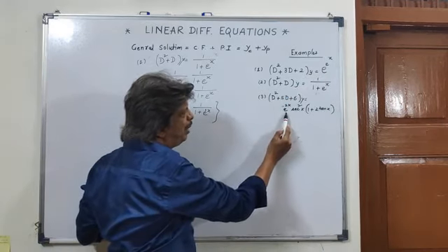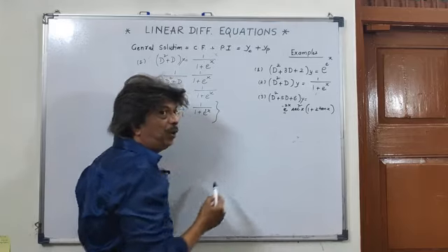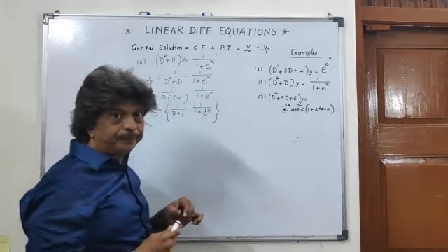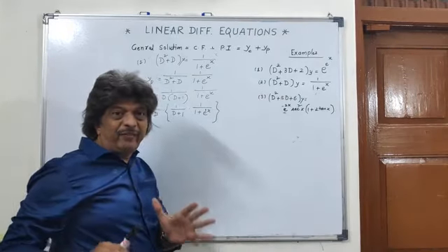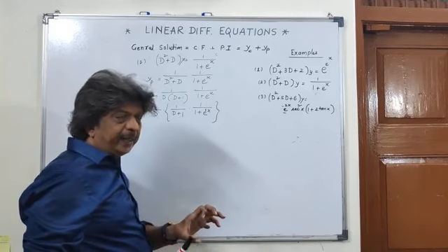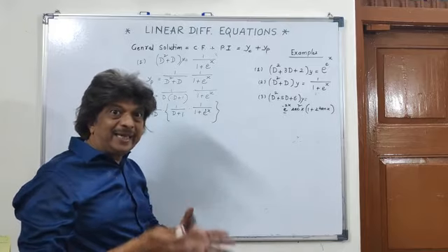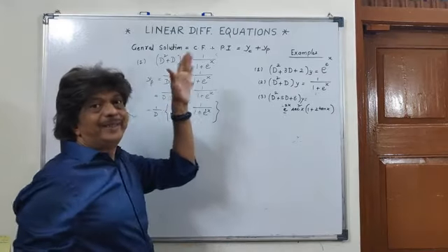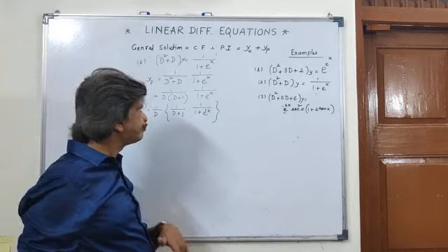In the third example, we observe over here it is e to the power minus 2x. So if the right hand side function is a function of e power x, then it is quite desirable to use this general integral method.